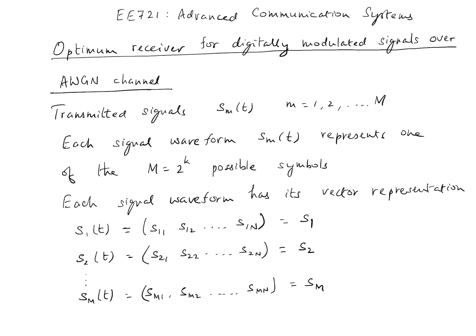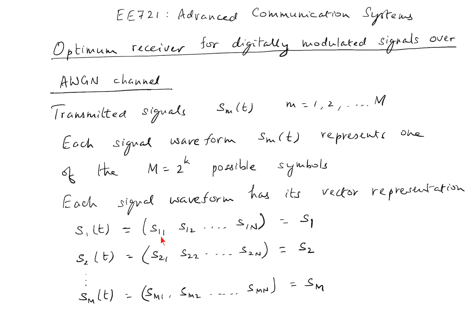So we are using an n-dimensional space to represent these waveforms as vectors, and because it's an n-dimensional space, that means we have n orthonormal basis functions. Each element of this vector is nothing but the projection of the signal onto the corresponding basis function.